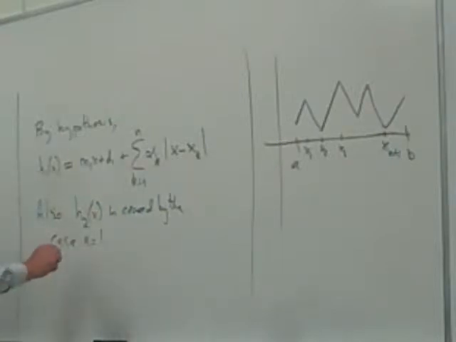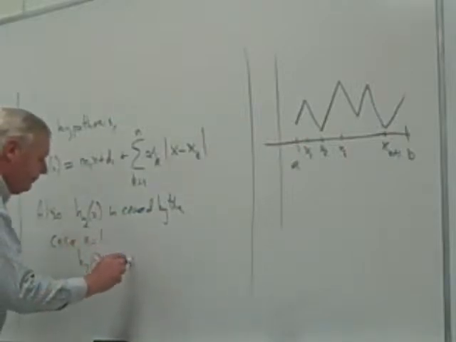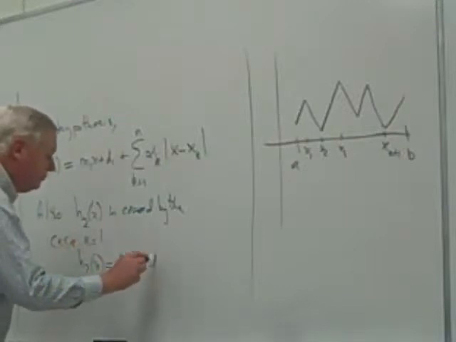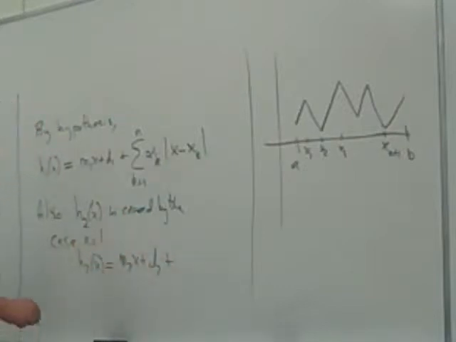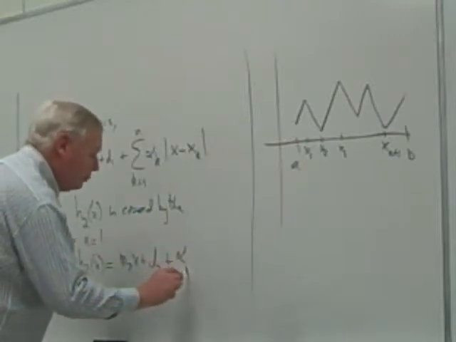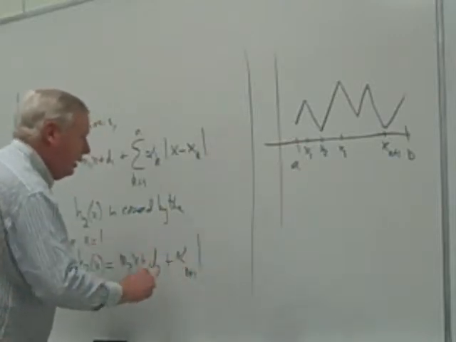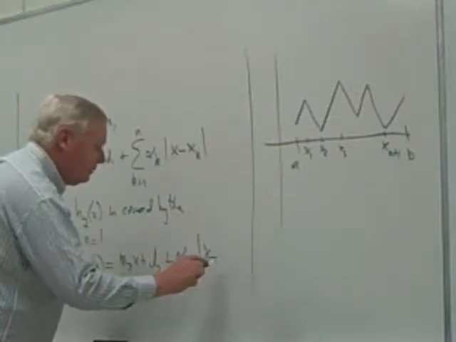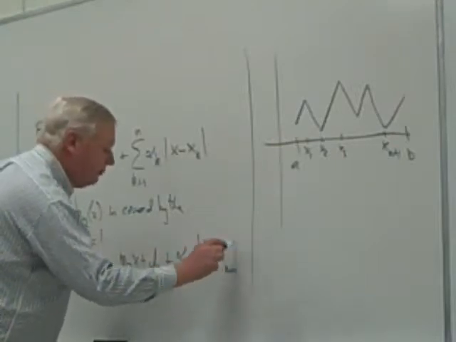Which means that h2 is some linear piece plus some multiple, so I'll call alpha n plus 1, times the absolute value of x minus x n plus 1.